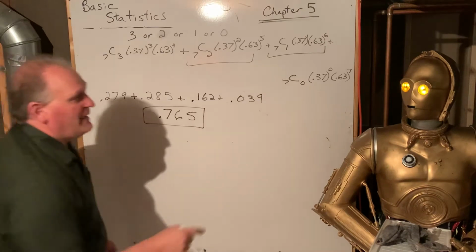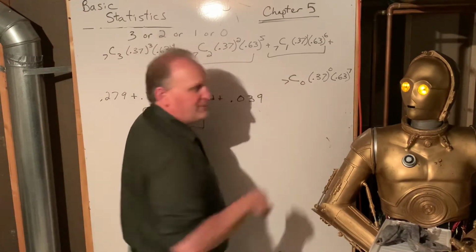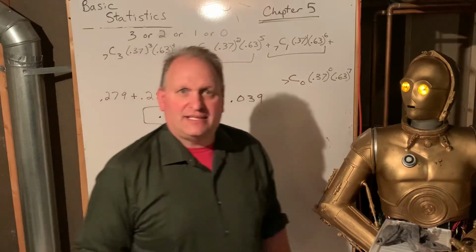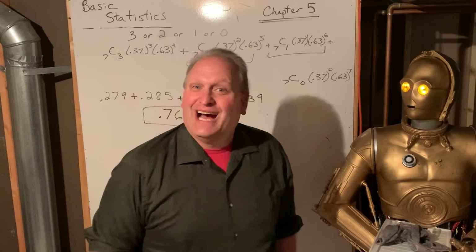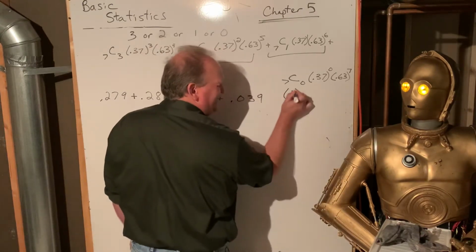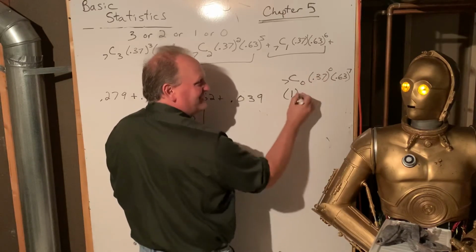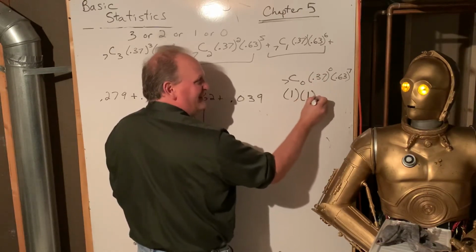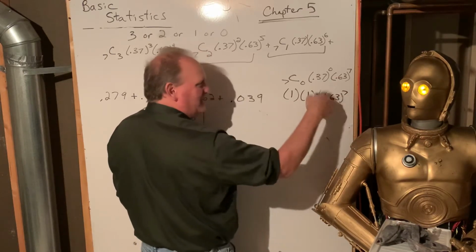I think it's worth mentioning here. Look, if you had 7 Blu-ray discs, and I said you can bring 0 along on the trip, how many ways can that be done? Well, that's 1. It's one way. You're leaving them all behind. Anything to the 0 power is 1, and 0.63 to the 7th power. So think about what's going on there.